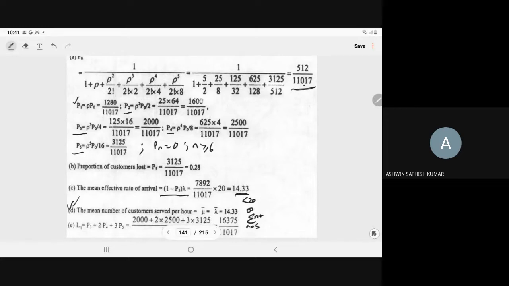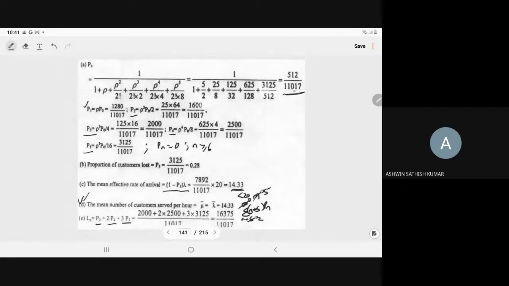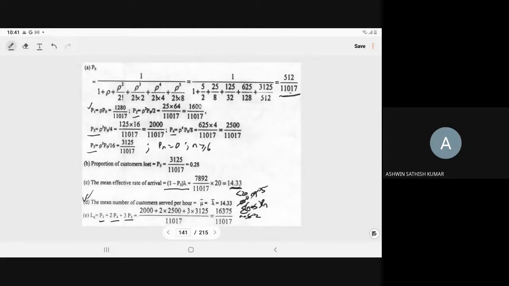Instead of infinity, we take M. M is 5, and s is equal to 2. So 2 minus 2 is 0. So it will be P3 plus 1 P3 plus 2 P4 plus 3 P5, and all the values you have. P3, P4, P5, you have the values. So that will be the expected number of customers in the queue.